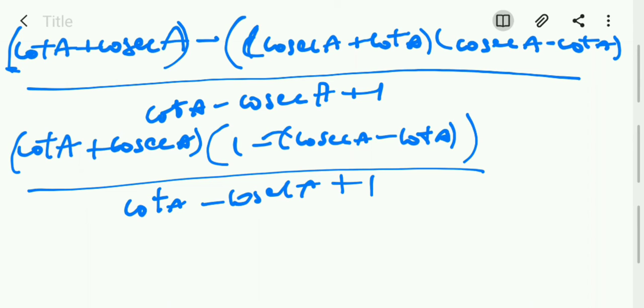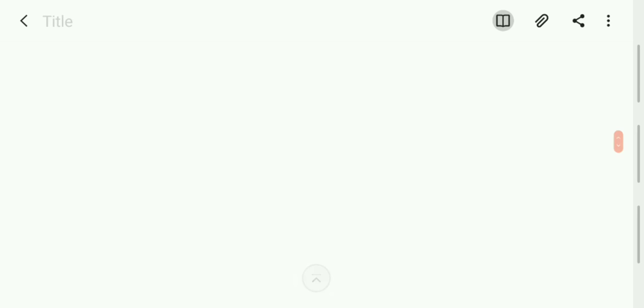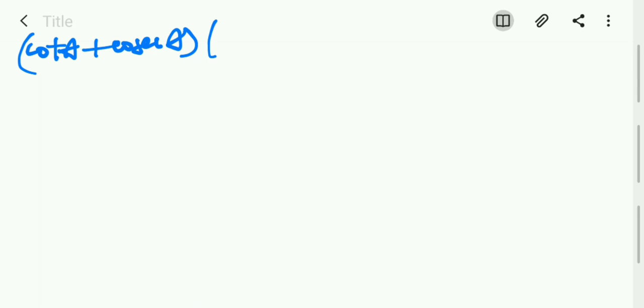Now giving this minus inside, we will end up with cot A plus cosecant A into 1 minus cosecant A plus cot A, right?